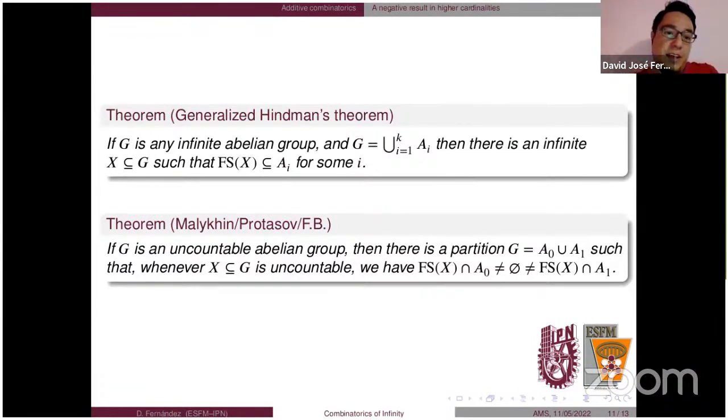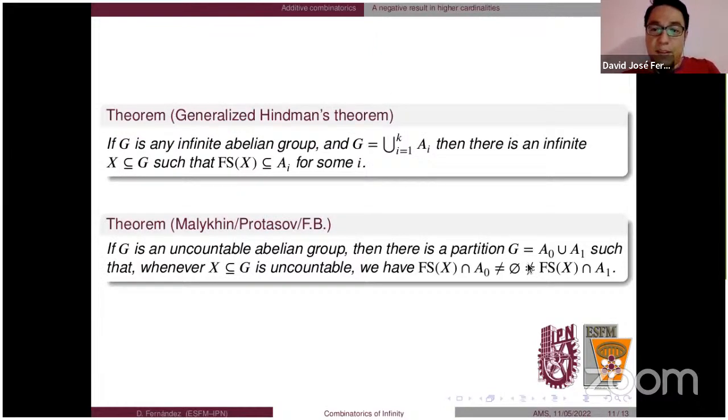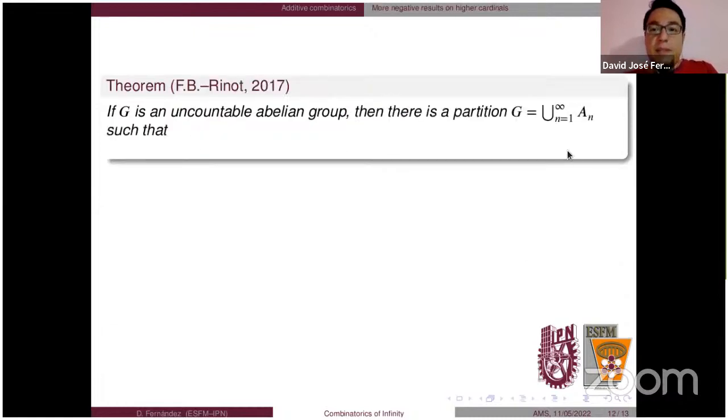And it shows that the uncountable analog of Hindman's theorem has to be false. And even more, it has to be very false. So in a follow-up paper with Assaf Rinot, a researcher at Bar-Ilan University in Israel, we prove something even stronger. Not only can you partition here in 2 pieces, but you can partition into countably many pieces.